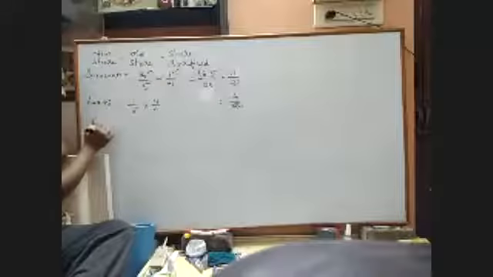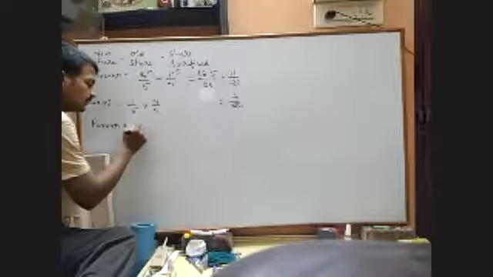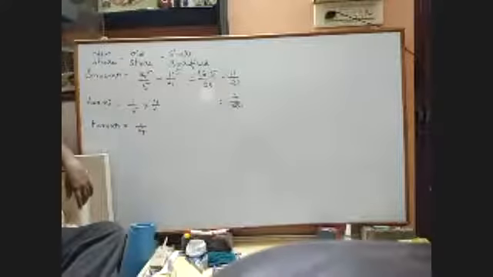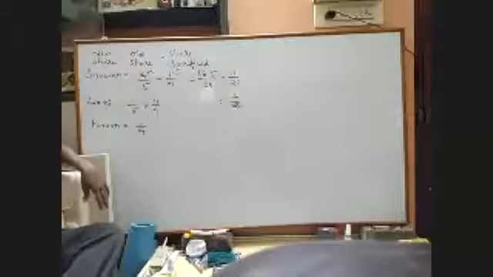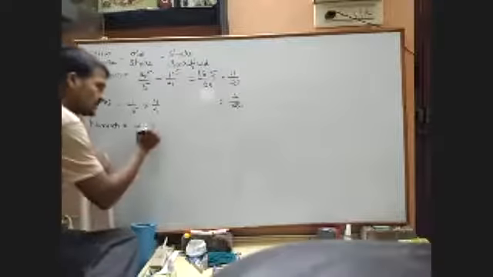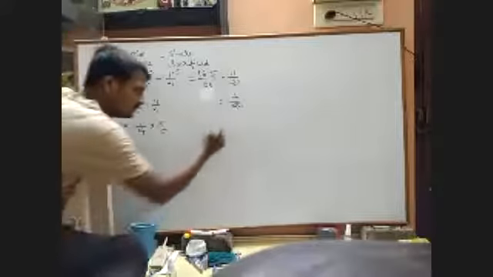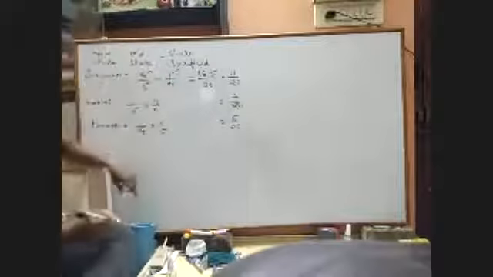So that gives us 4/20. And the last one is Parvati. Parvati got 1/4 share. But in order to make a ratio, I need to have a denominator of 20. So I need to multiply it by 5/5. So that makes it 5/20.